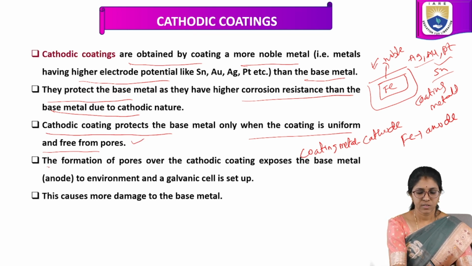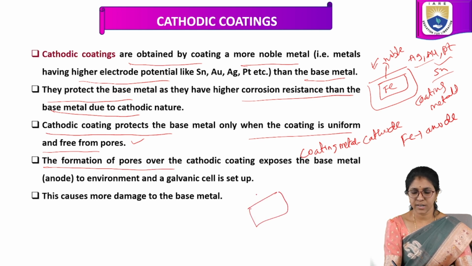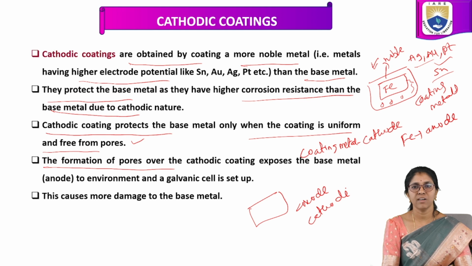If any pores or cracks form on the coating, this will expose the base metal to the environment. Here also we will get anode and cathode. A galvanic cell is formed because of the exposure of base metal to the environment.